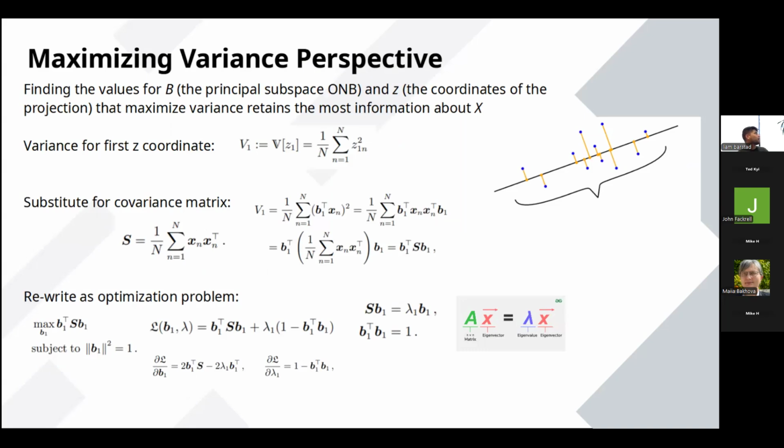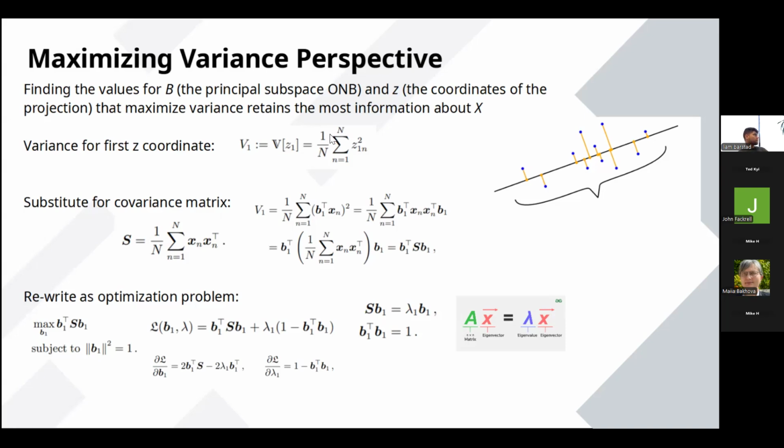But yeah, so maximizing the variance is the first example that they go through, and they gave a nice visual description of that here, where you can see that these data points are projected onto as wide a spread as possible.